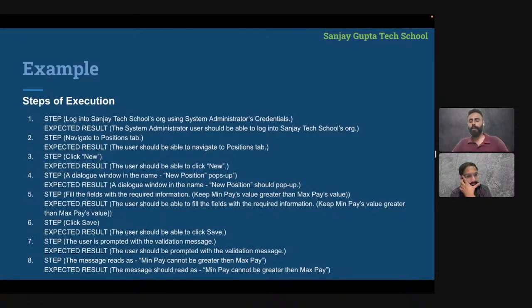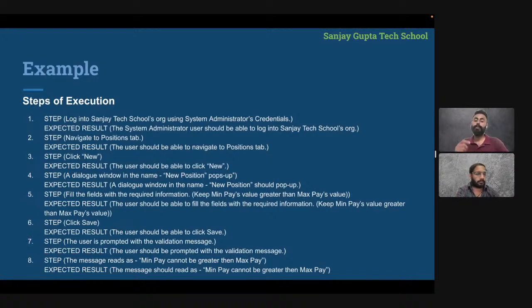Okay, so for a negative scenario, I would be picking the case wherein I mentioned the rating. Let's say the ratings as of now are only valid wherein we have the values 1 to 5, right? If I'm leveraging the value 1, I'm good to go. I'm able to save my record. I'm leveraging value 2 or 5, I'm able to save my record.